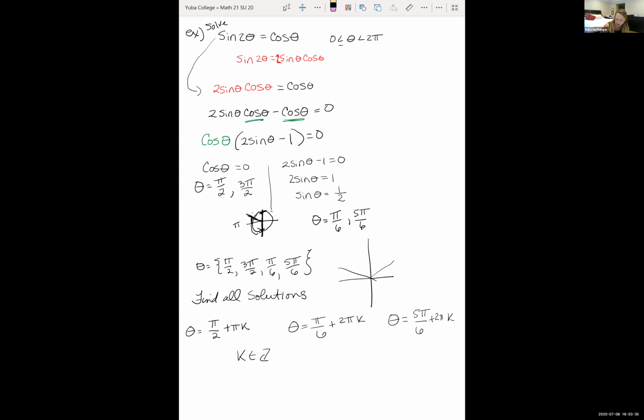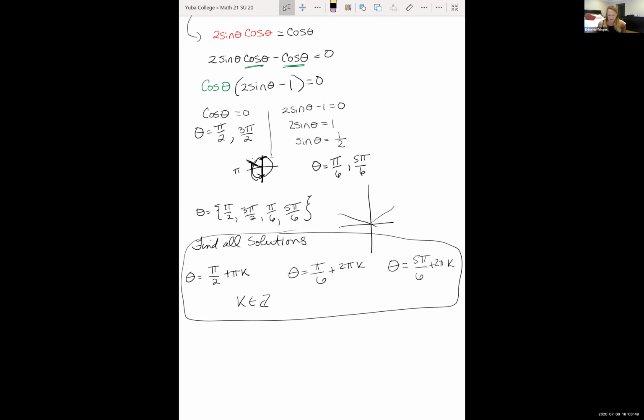So this would give me all the solutions that would work. And I could find them by, okay, let k be 2, plug in 2 here, and then simplify. Let k be 0, let k be 1, whatever.